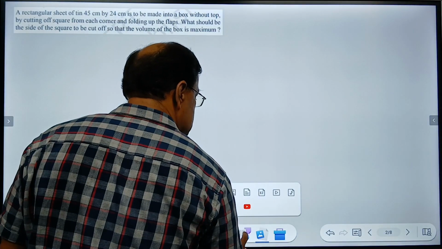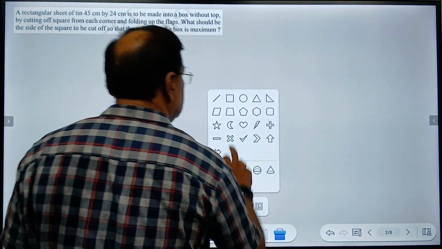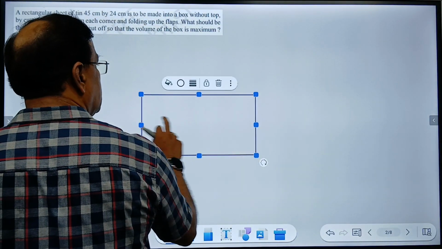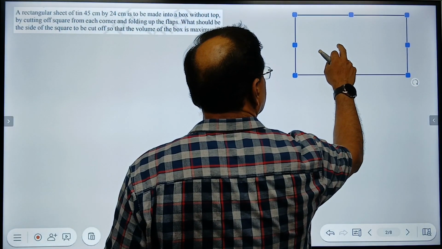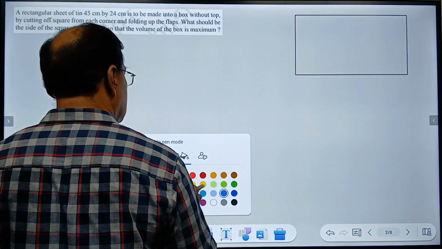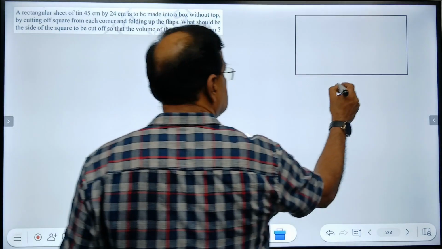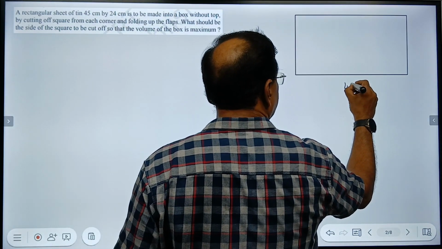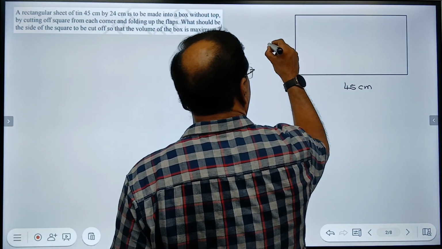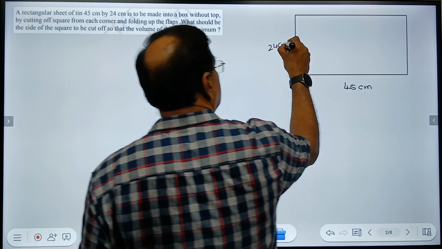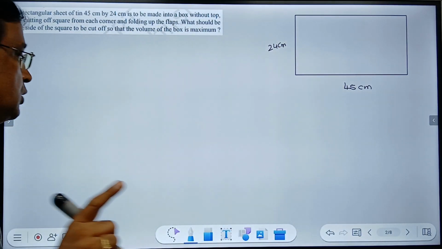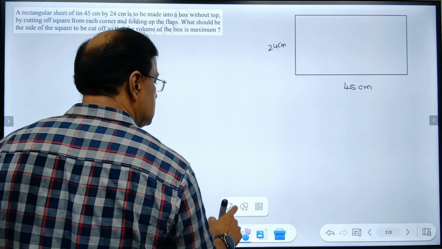So first let's take a rectangular sheet of tin. So this is a rectangular sheet of tin, and the dimensions are, like he says, 45 centimeter by 24 centimeter. Now equal squares are cut off. So let's take equal squares.